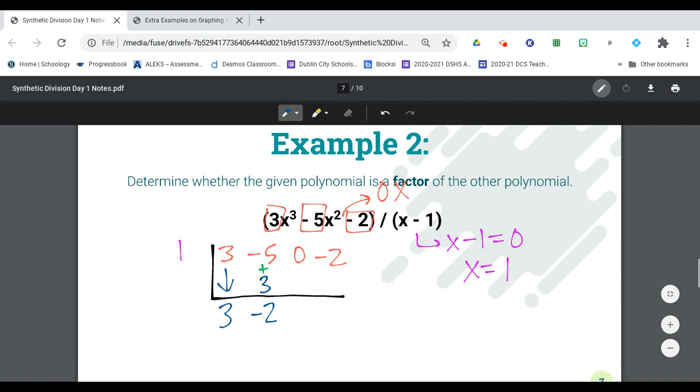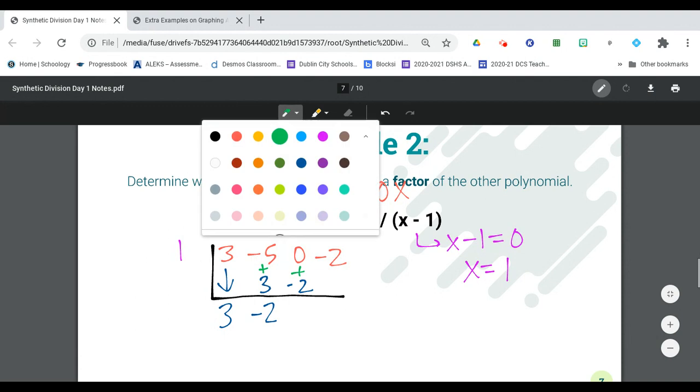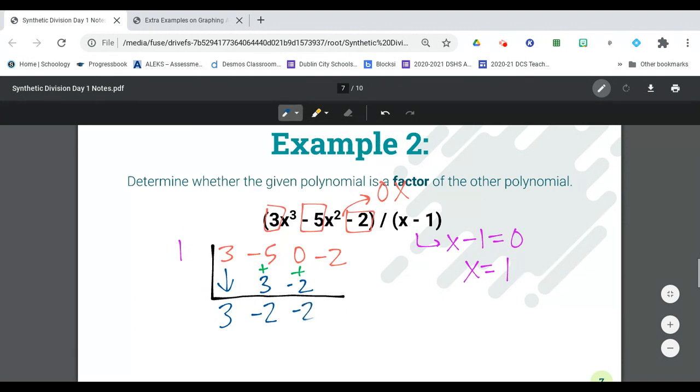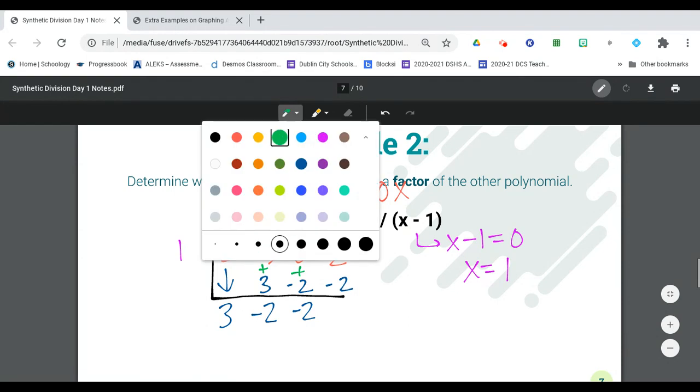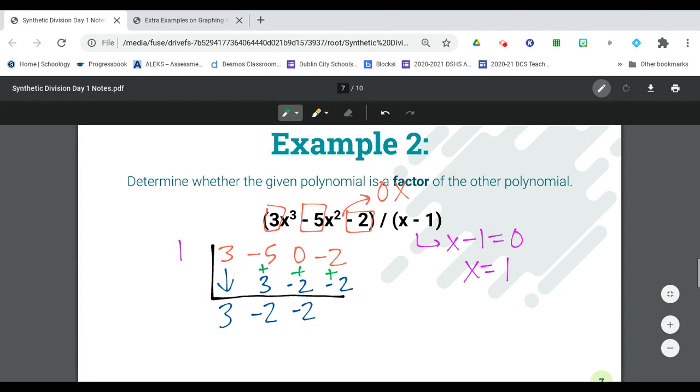I will then multiply. -2 times 1 is -2. I'll then add 0 plus -2 gives me -2. And then I'll multiply. -2 times 1 is -2. Last thing is addition, which gives me then -2 plus -2 is -4.